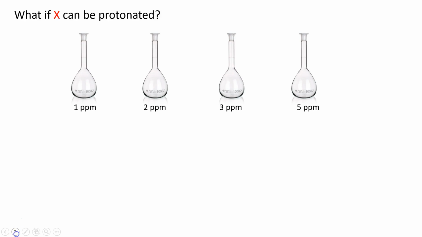But what if X can be protonated? So here's an equilibrium to remind you. Now you have two forms in which X can exist, the unprotonated and the protonated form. So maybe the protonated form has some molar absorptivity, and maybe the unprotonated form has some molar absorptivity.